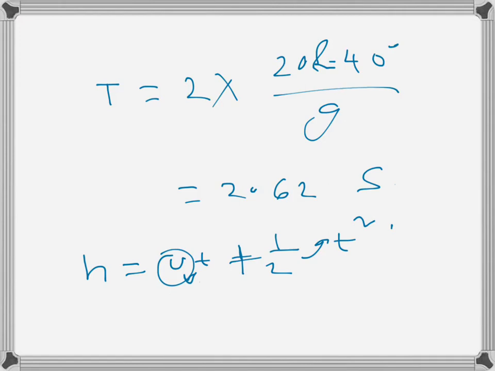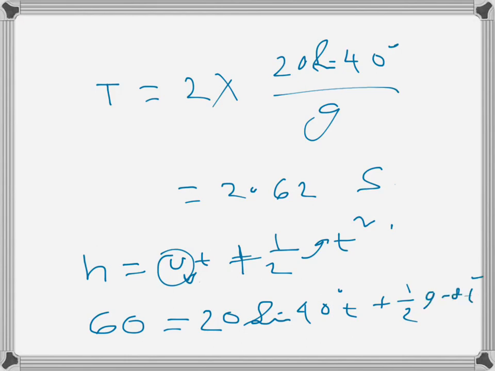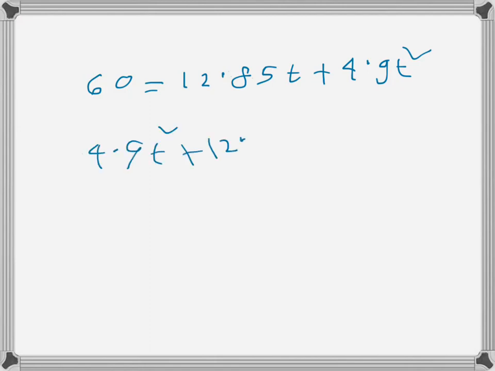So our equation becomes 60, the height, equals 20 sin 40 degrees t plus half 9.8 t squared. So that is 60 equals 12.85 t plus 4.9 t squared. This is a quadratic equation. If we want to solve it, we can write it like this: 4.9 t squared plus 12.85 t minus 60 is equal to 0.